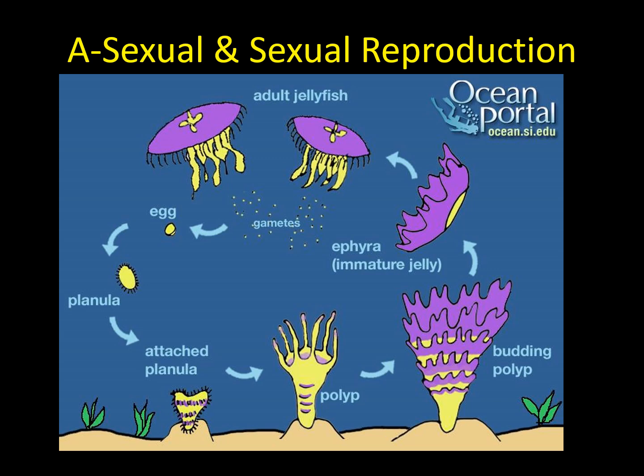Then the polyps continue to grow and mature, and they add layers, and these layers bud or break off, and this produces an ephyra, which is an immature jellyfish. The ephyra then develops and becomes an adult jellyfish in that medusa body form. Once they're adults, they can produce their gametes, and then the cycle starts all over again.